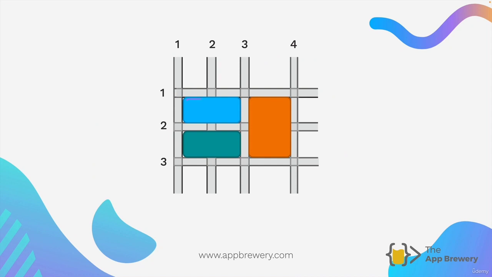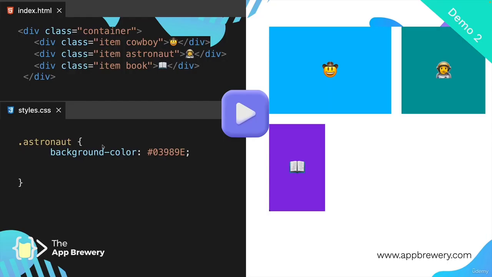So now that we've seen how we can occupy more than one cell in our grid and position it based on the start and end line numbers to achieve this first part of the layout, the next step is to lay out this green div. It might be a little bit more tricky than you would expect, because this second div, if we look at the HTML, should be positioned immediately after this cowboy div.